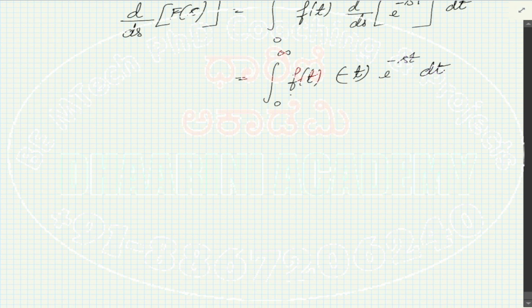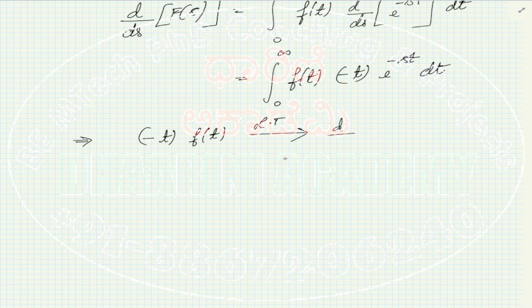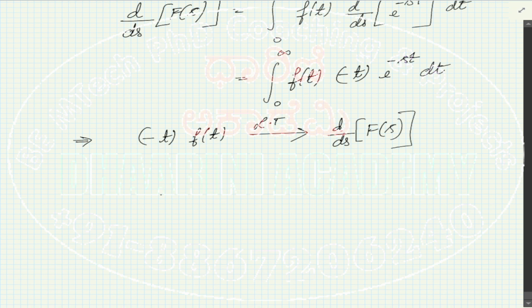If I have a function called minus t into f of t, its Laplace is going to be the d by ds of F of s. This implies I can directly write minus t into f of t will have the Laplace transform as d by ds of F of s.